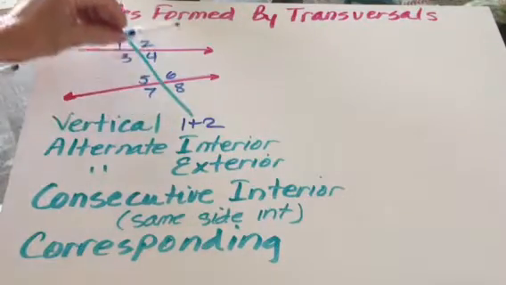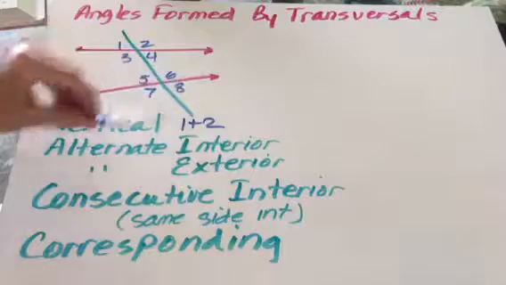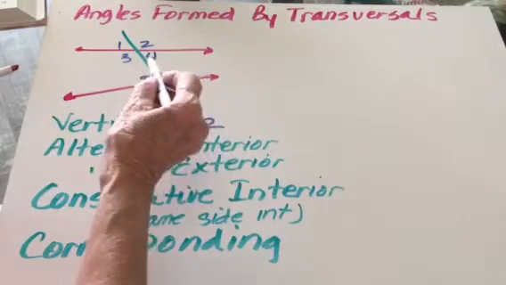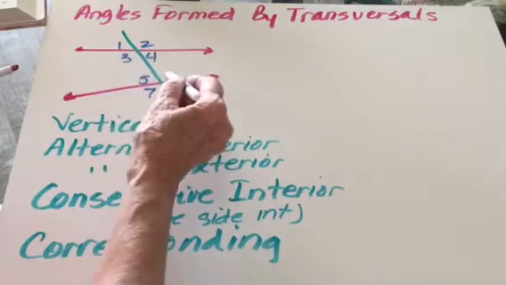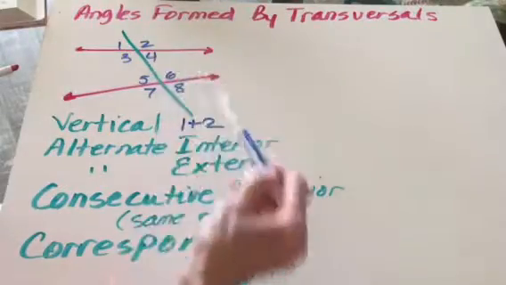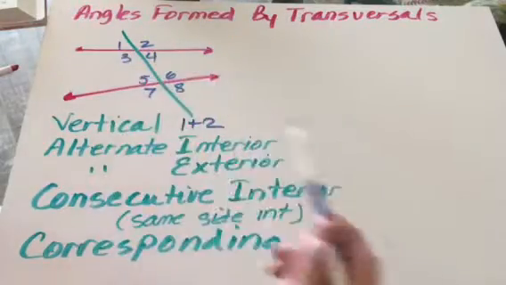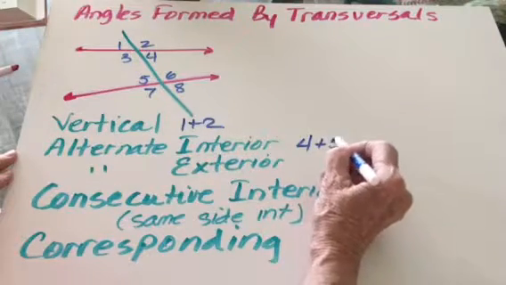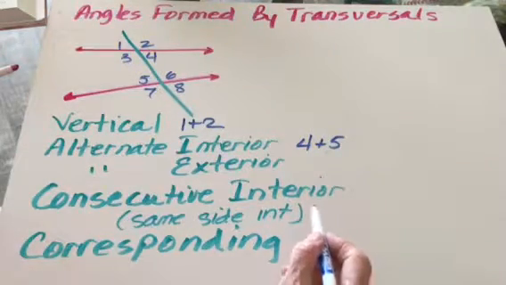This is outside, but this is the inside. Now, alternate means you go back and forth. So we're going to talk about going back and forth on the inside. So the alternate interior angles would be 4 and 5 and 3 and 6. So I'll just put down one set right now. 4 and 5 are alternate interior angles.